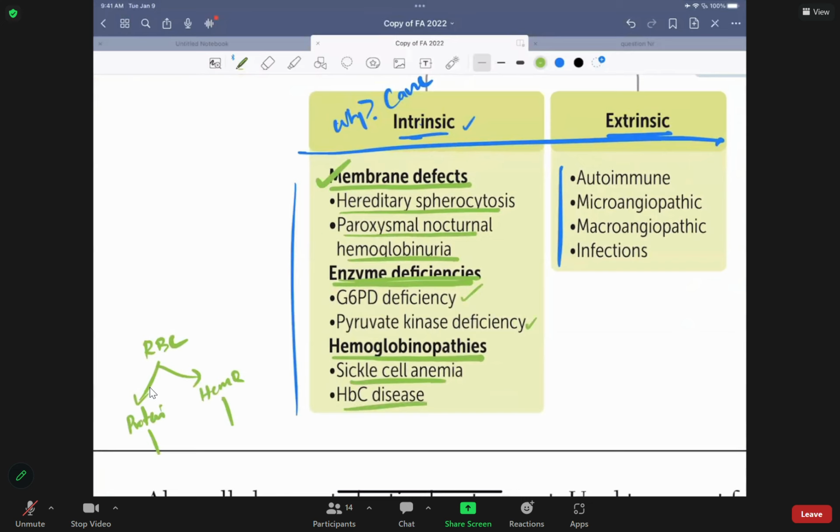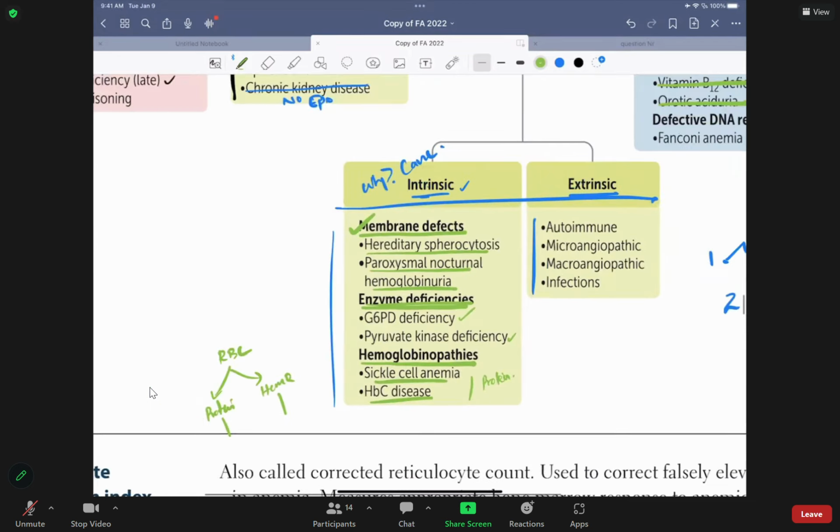Sickle cell and hemoglobin C, those are all diseases of protein, not heme. Is that clear, folks? So you should know those are the diseases of protein, just to give a big picture. Okay. So that's your intrinsic hemolytic anemia. All intrinsic hemolytic anemia, we just talked about it. Is everybody clear, folks? Okay.